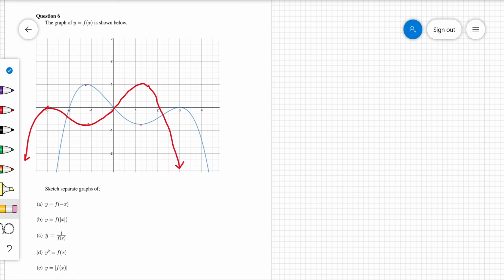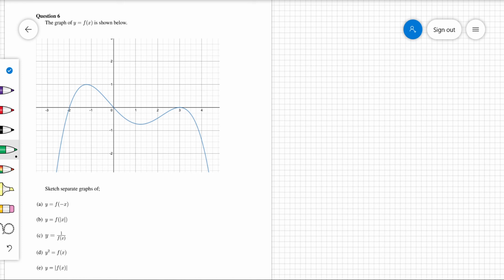Let's get rid of that one. All right, let's do f of absolute value of x. So instead of reflecting both sides around the y-axis, it just reflects the right-hand side around the y-axis.